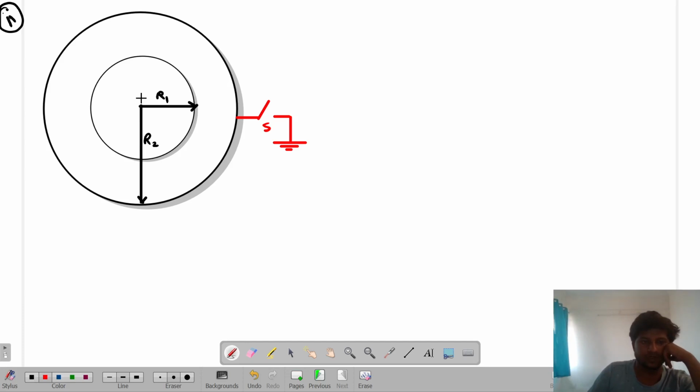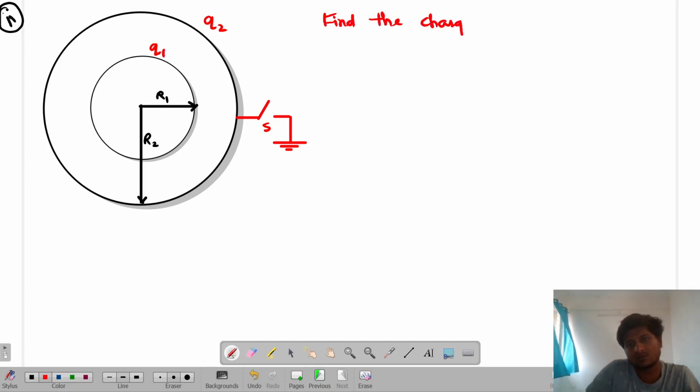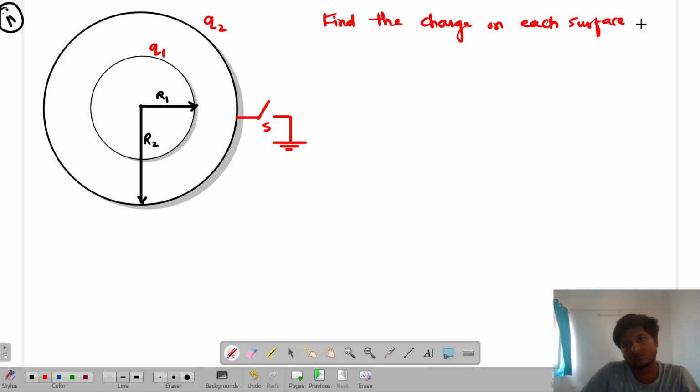If this one has Q1, this one has Q2 initially, then the question is once again to find the charge on each surface when the switch is closed. Is that clear?